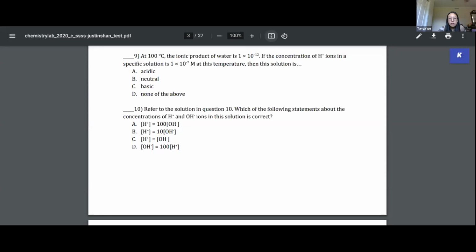Okay, so if you take the negative log of 10 to the negative 7, then that's 7. And 7 is neutral. And so since the pH is 7, you know that has to be neutral, and the answer is B.